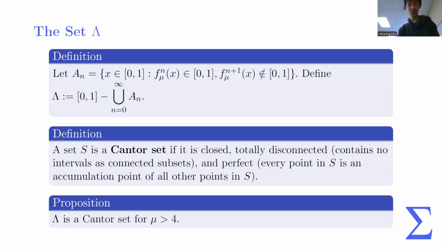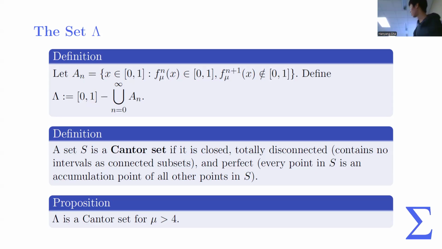A set S is a Cantor set if it is closed, totally disconnected, and perfect. So totally disconnected means there are no intervals as connected subsets. And perfect means every point in S is an accumulation point of other points in S. That is, for all points in S and for all epsilon neighborhoods of that point, there exists another point in S in that epsilon neighborhood.